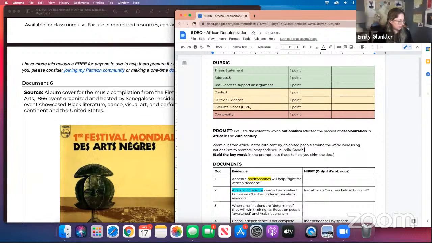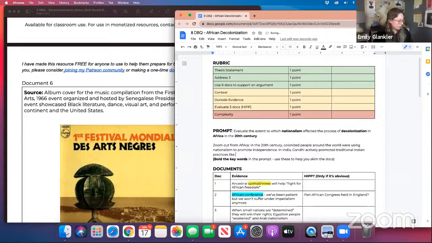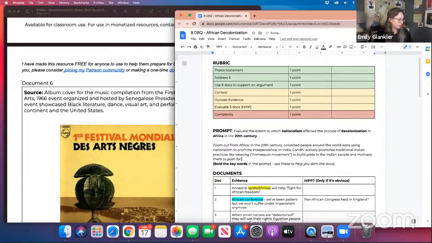In India, Gandhi actively promoted traditional Indian practices like weaving in his homespun movement to build pride in the Indian people and motivate them to push for full independence from England.